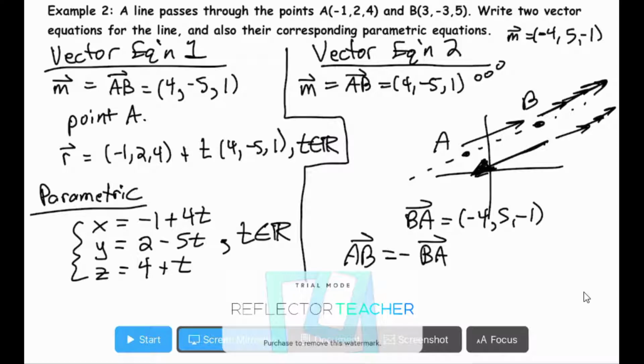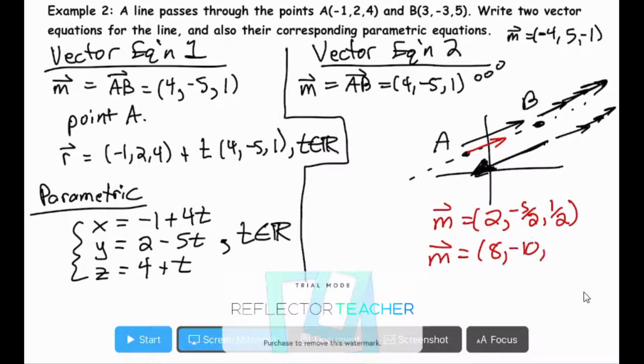So what if it was shorter? What if I decided my direction vector only went this far? And so maybe my values are something like 2, -5/2, and 1/2. That would be fine. Or we could double it. What if m was like 8, -10, and 2?